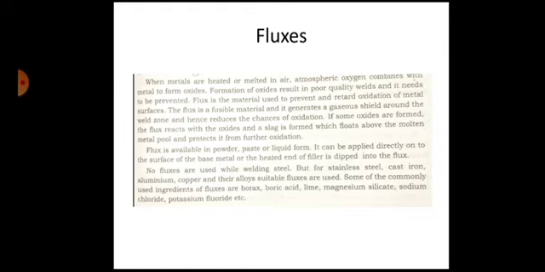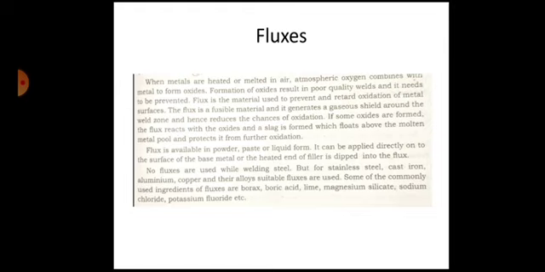If some oxides are formed, the flux reacts with the oxides and a slag is formed which floats above the molten metal and protects it from further oxidation. Flux is available in powder, paste or liquid form. It can be applied directly onto the surface of the base metal, or the heated end of the filler is dipped into the flux.